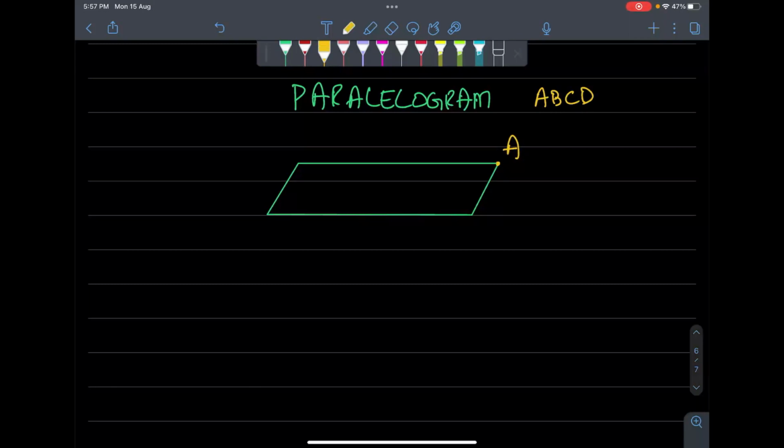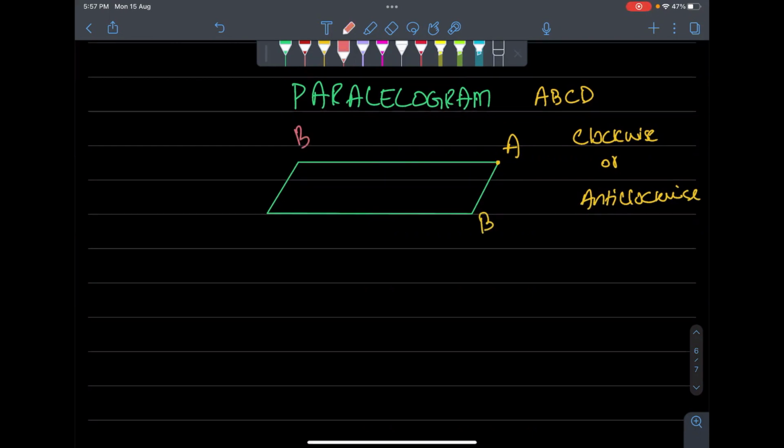If this is B, or this is B. Now, in case you don't have the coordinates, there are only two possibilities: clockwise or anti-clockwise. Both are correct. So if somebody writes B over here and somebody writes B over here, both are correct. But if somebody writes B over here, this is wrong. Are you understanding? Adjacent coordinates will be on adjacent points.